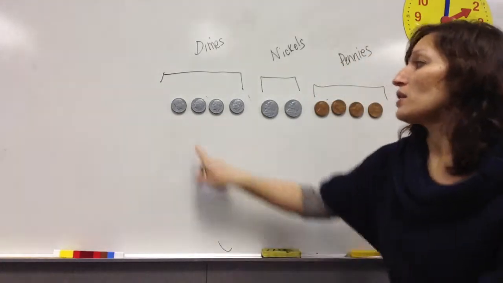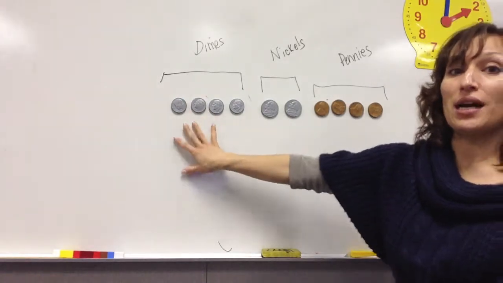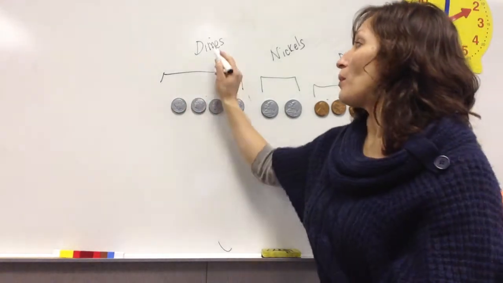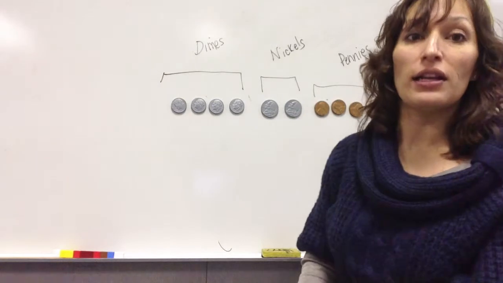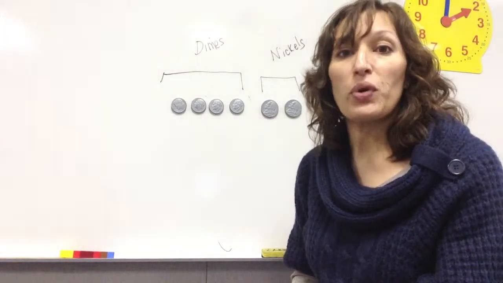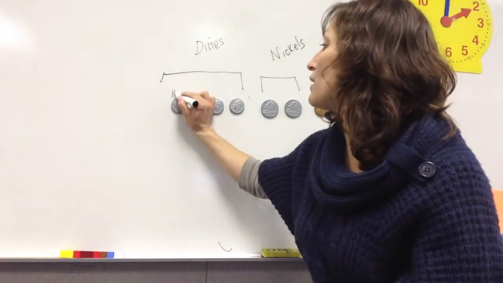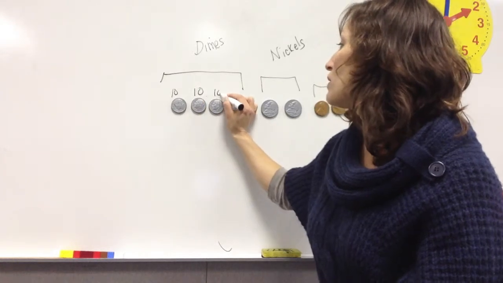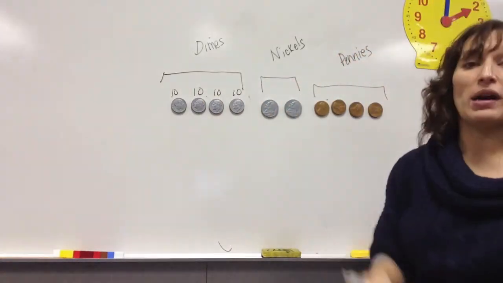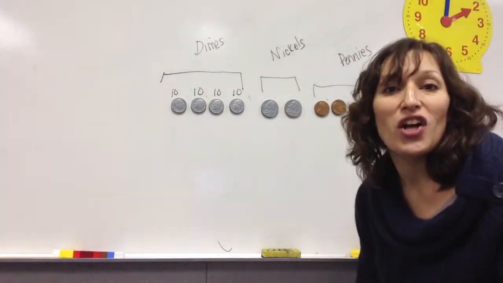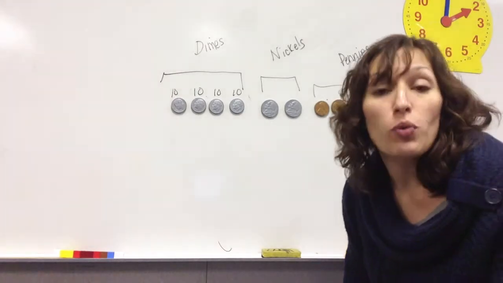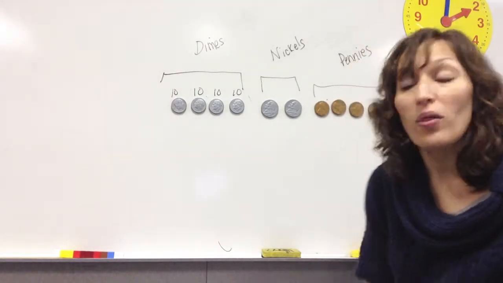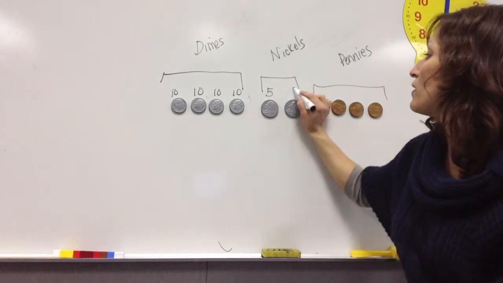Okay. Start with our biggest value coin, dimes. And we're going to label them. Dime, dime, little and thin. I remember you're worth 10. Each one is worth 10. Go to my nickels. Nickel, nickel, thick and fat. You're worth 5 cents and I know that. 5.